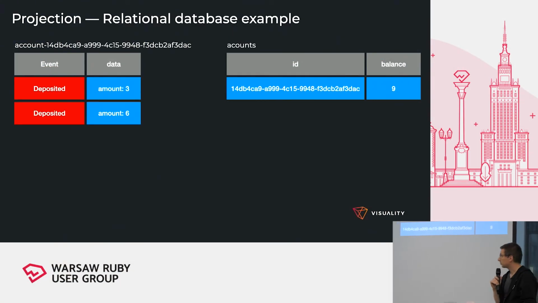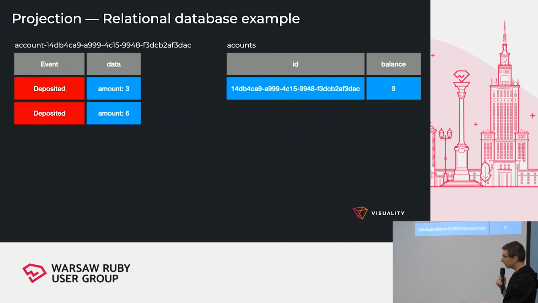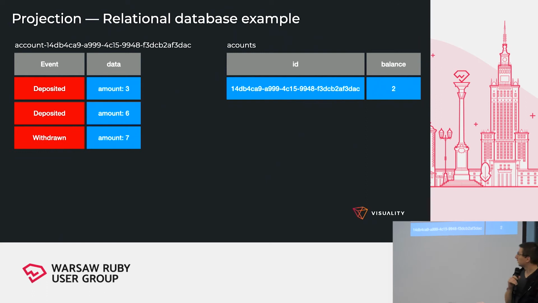Then another event comes. Someone has deposited more, and the same consumer, you can imagine it here, consumes that event and creates a representation of that account in your relational database. You can query this, right? This is Postgres. Another event comes, someone withdrew, balance.